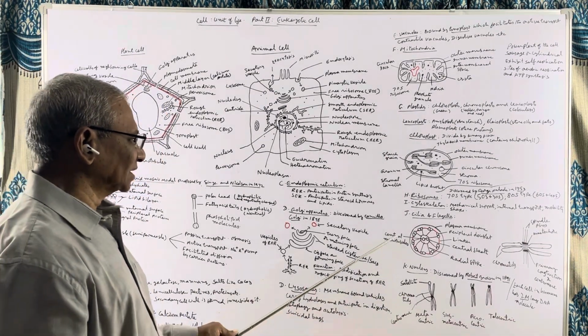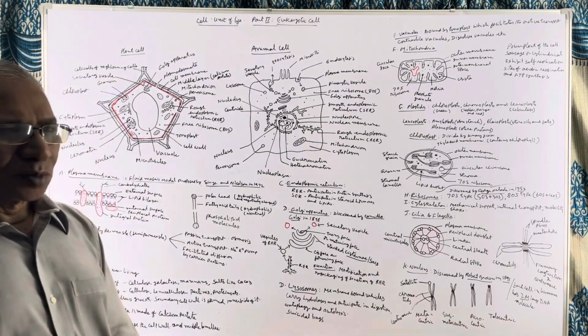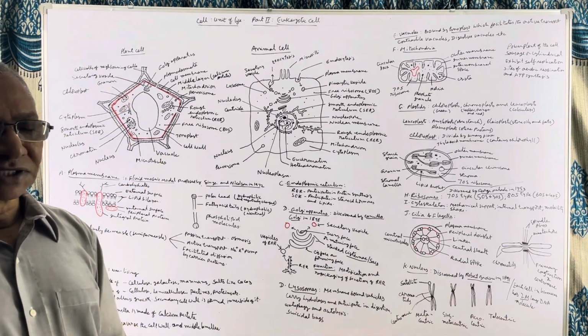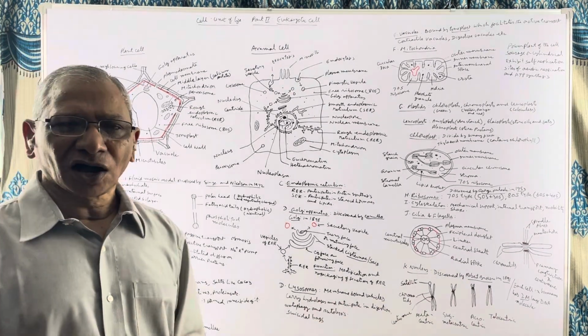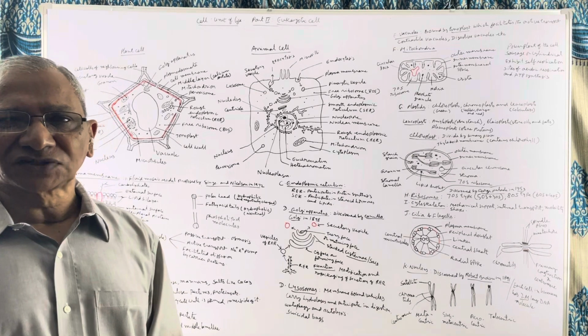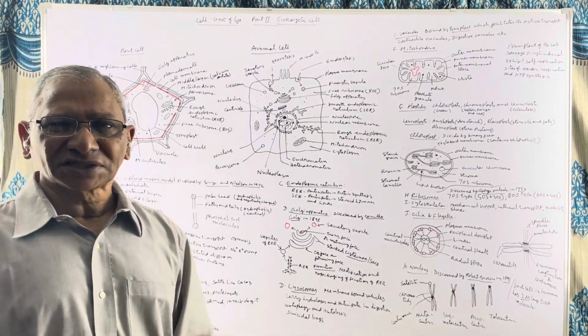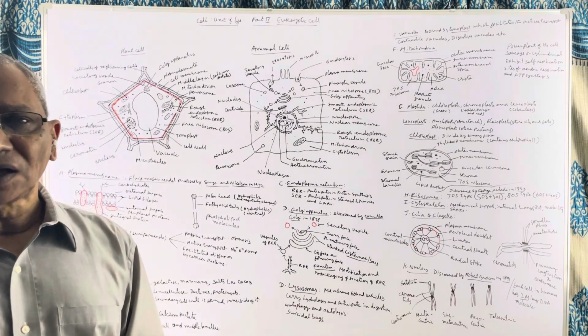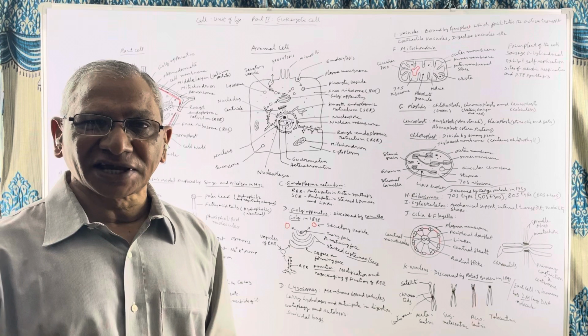Then, cilia and flagella. Most of the animal cells have cilia and flagella. Cilia are shorter in length, whereas flagella are longer in length. Cilia are numerous in number, whereas flagella are few in number. But their basic structure is the same.